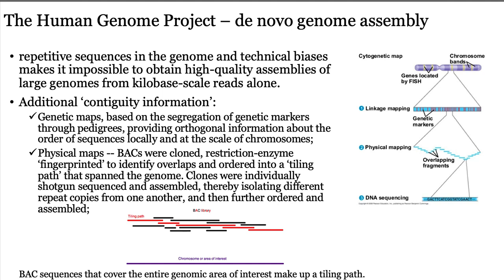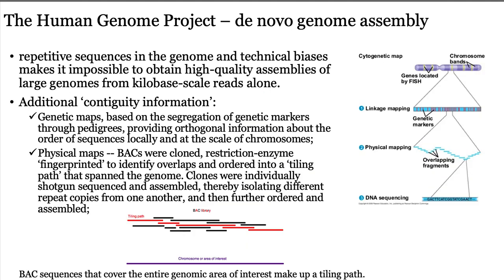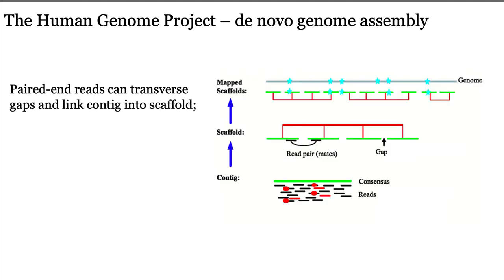With paired-end sequencing, imagine that we start with sequencing reads. We can assemble those reads into a consensus, and this is called a contig. We can get many contigs, but those contigs have no overlap, so we won't be able to assemble them based on overlap.